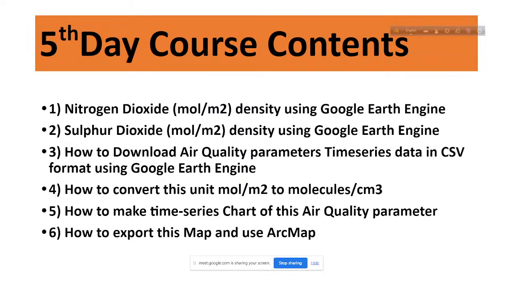How to download the air quality data as time series data in a CSV file format in Google Earth Engine, how to convert the unit from mole per meter square to molecules per centimeter cube, how to make a time series chart of these air quality parameters, and how to export the map and use ArcMap software for making a research paper map or presentation map.